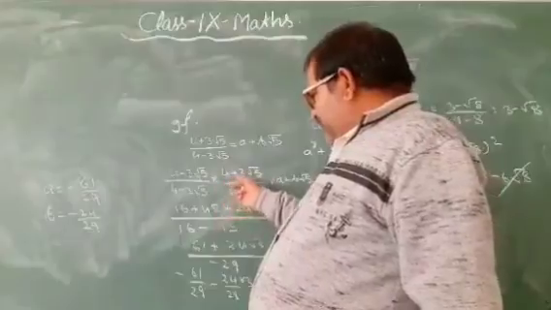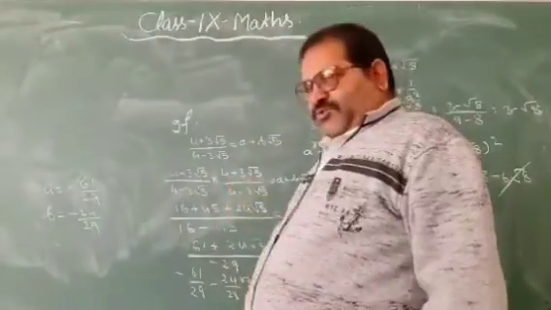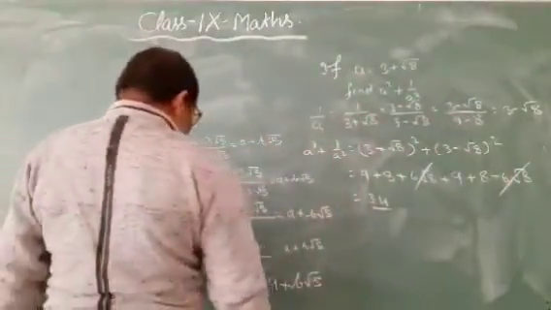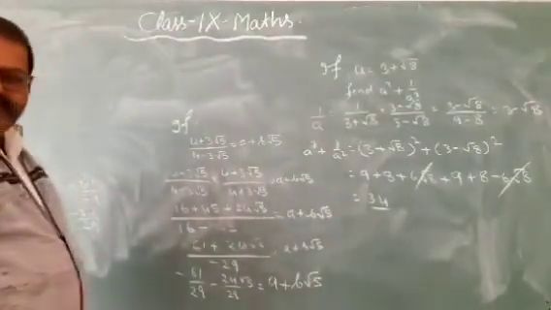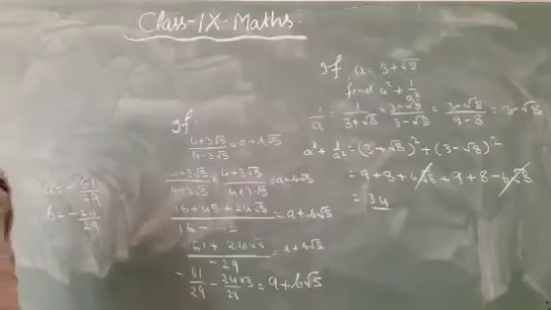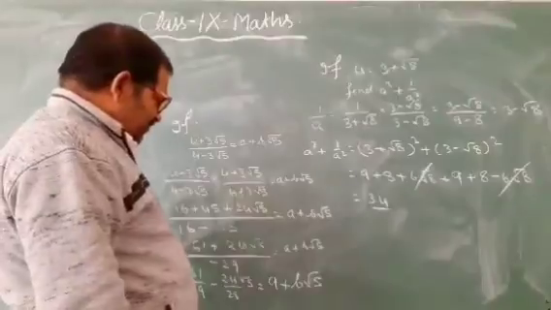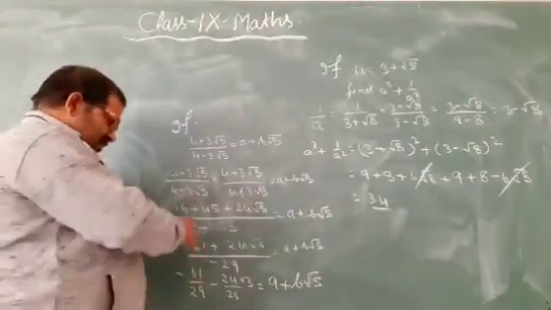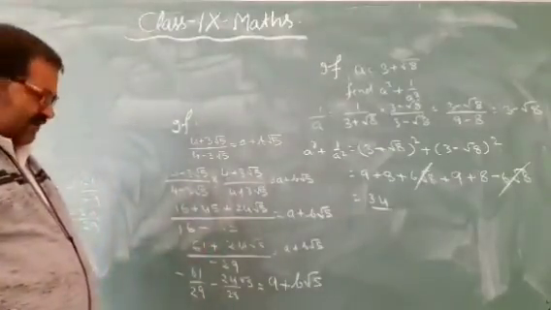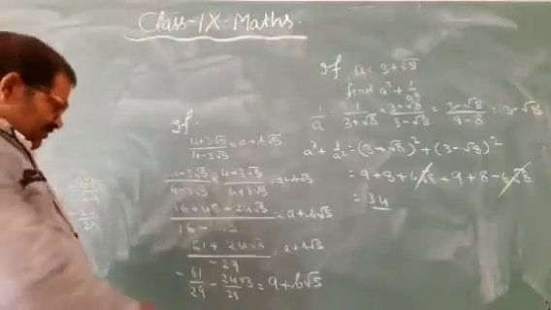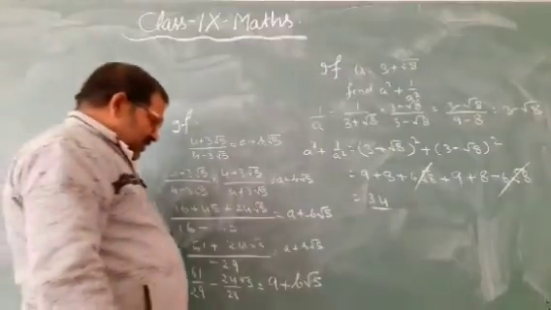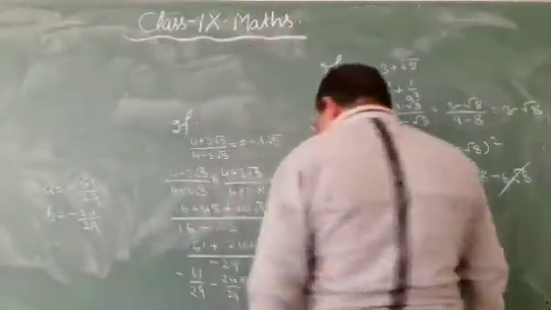Now rationalize the denominator by multiplying by 4 plus 3 root 5 upon 4 plus 3 root 5. So 16 plus 45 plus 24 under root 5 upon 16 minus 45. The same numbers are added and the denominator is written as minus 29, so we get 61 plus 24 under root 5 upon minus 29.